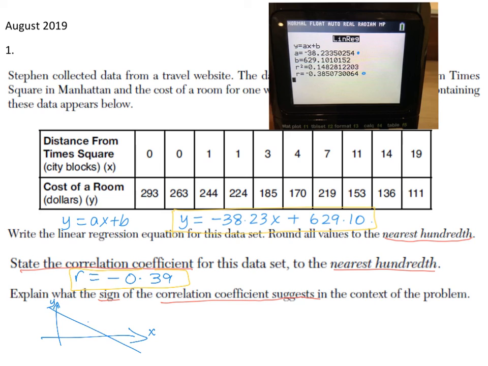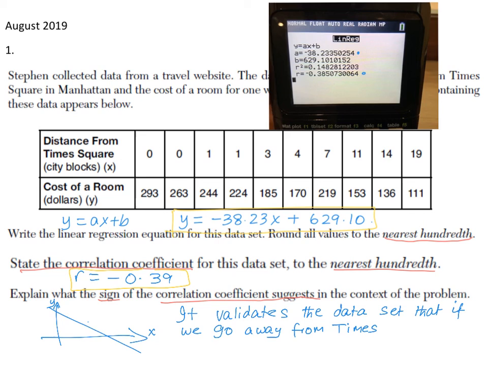So what does the sign show? It validates the data set, that if we go away from Times Square, the room rate drops.